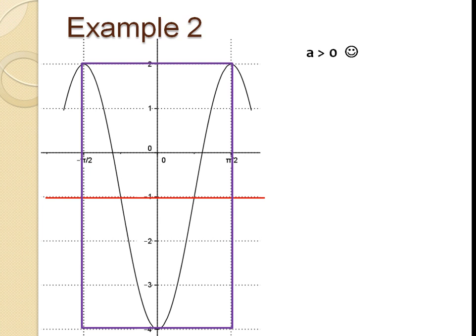In this case, my a is greater than 0, so I am happy because I'm smiling. Your h is negative pi over 2. Your k is negative 1, which is what we said. It is the intersection of your halfway line and your box. We then move on and we say, okay, well, your amplitude is 3, and your absolute value of b is going to be 2 in this case.